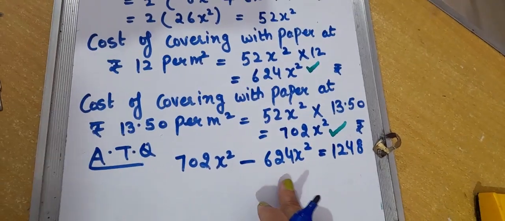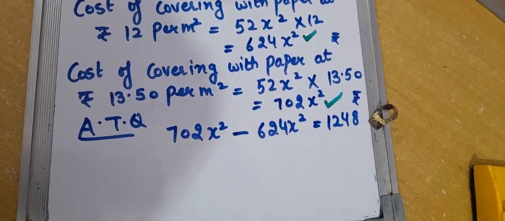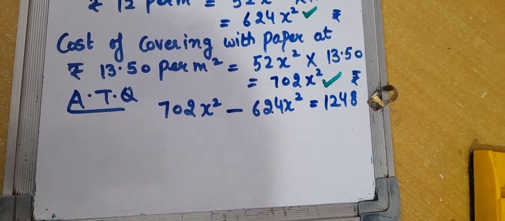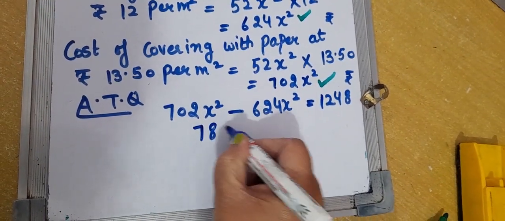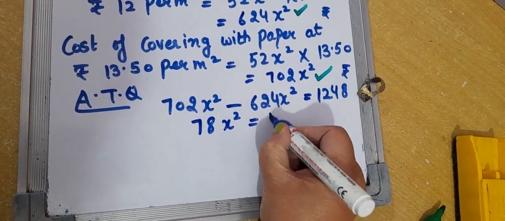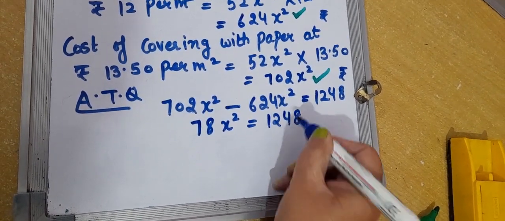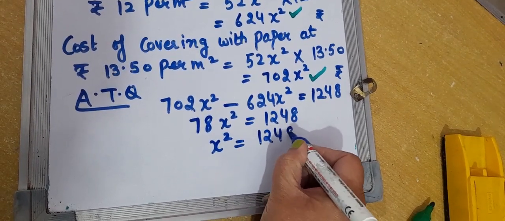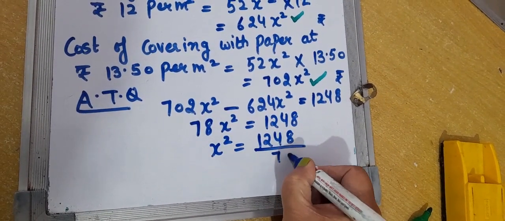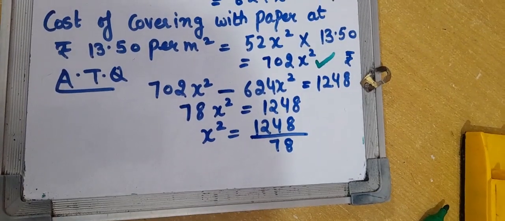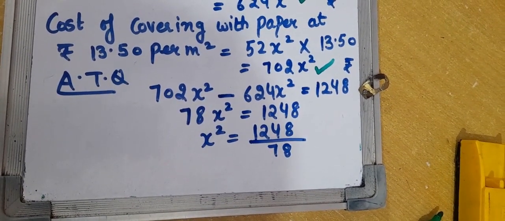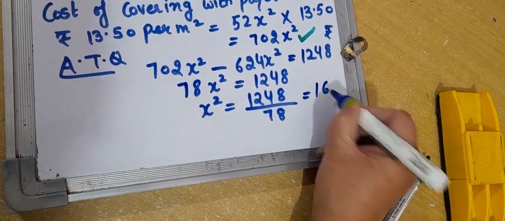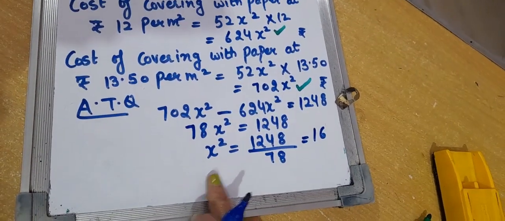Now from here we will find the value of x square. Subtract this, 702 minus 624, you get 78x square equals 1248. So x square will be equal to 1248 divided by 78. Make calculations. On solving this, you get 16. Now this is the value of x square.